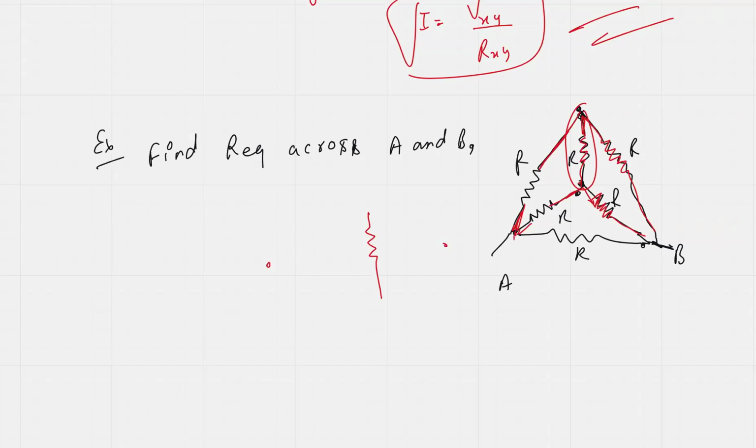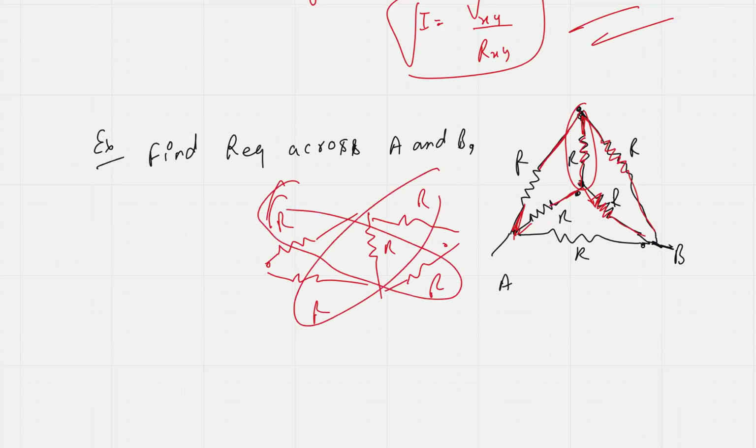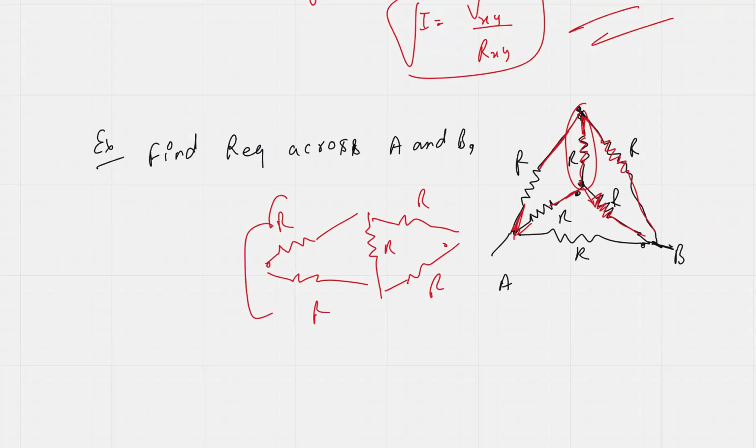In between these 2 points, you have R, here also you have R, here also you have R. If you see carefully, the multiplication of diagonal ones is the same, right? Or in other words, this by this is equal to this by this. Isn't it a condition of balance?